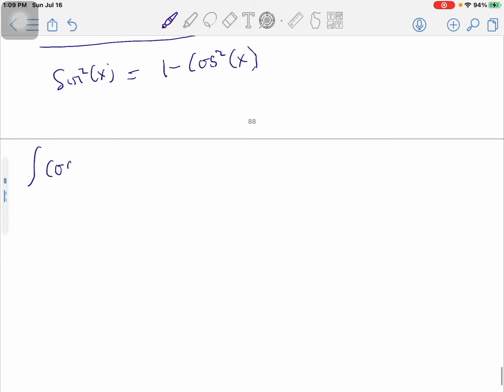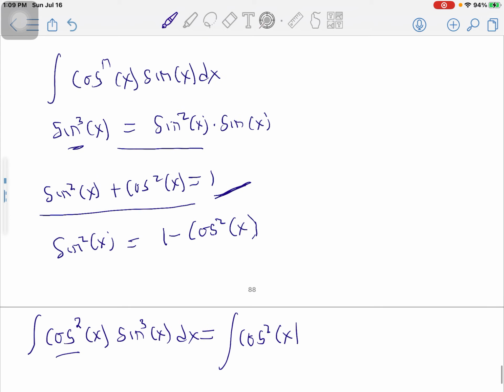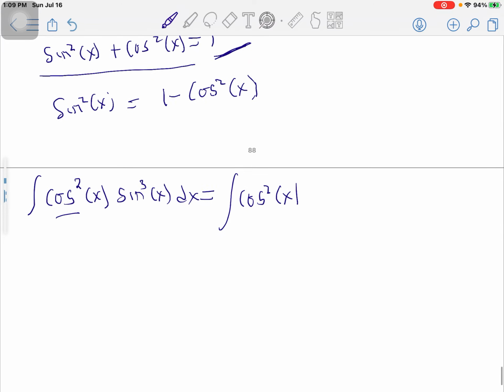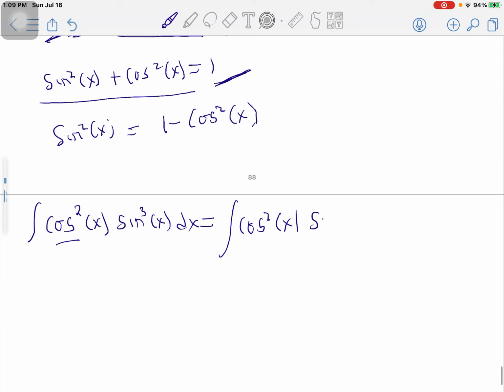Because of this, we can rewrite the given function, cos power 2 of x sine power 3 of x dx, as the integral of cos square of x, and then substitute for the sine.